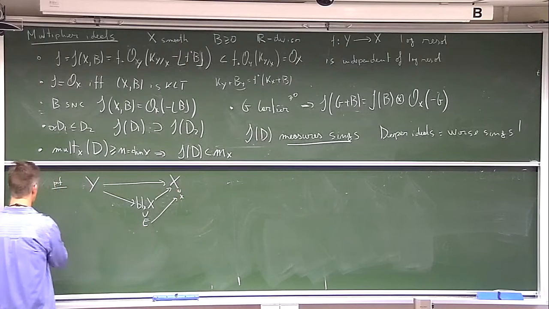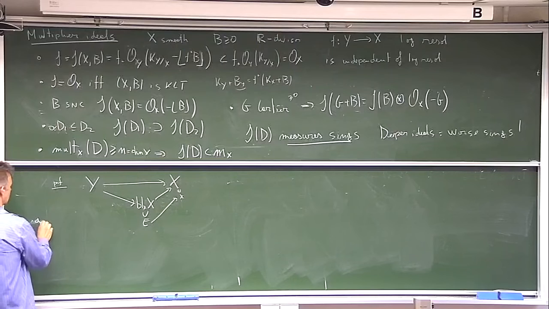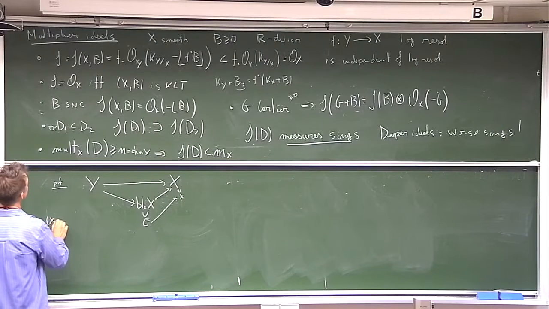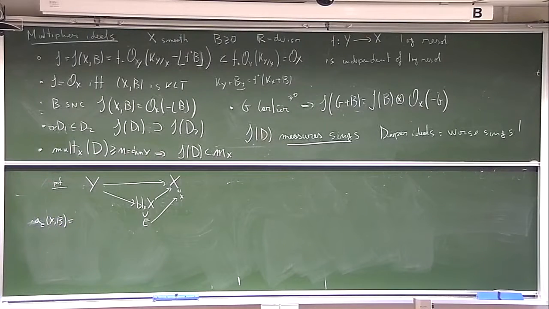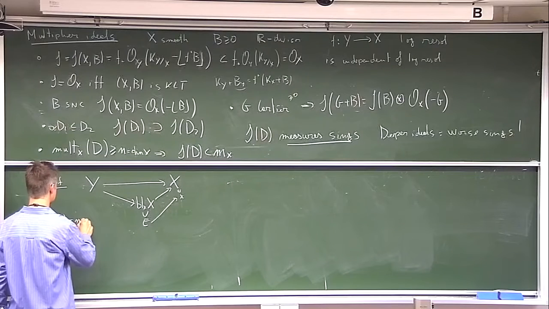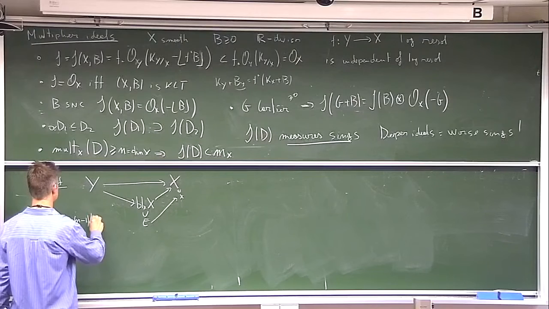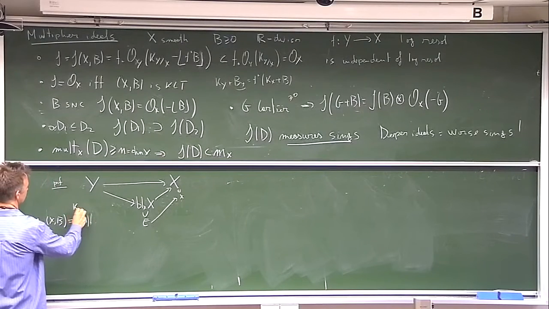Now, the coefficient, let's compute a along E of X, B. Well, we get a contribution from the relative canonical divisor, which is codimension minus 1, so you get n minus 1 copies, multiplicity will be n minus 1. This is coming from the relative canonical divisor.